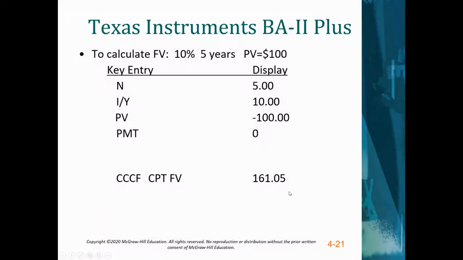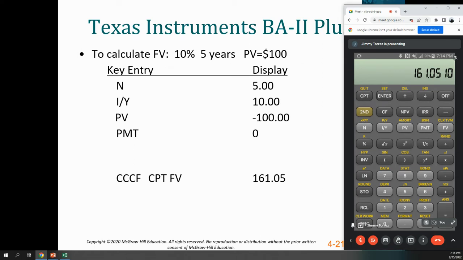Okay. So going back to, well, we did this with the formula using the calculator. Now we'll do it using the keys of the financial calculator. So I'm going to clear what we had before, right? I'm going to hit N equals 5. There's 5 years.